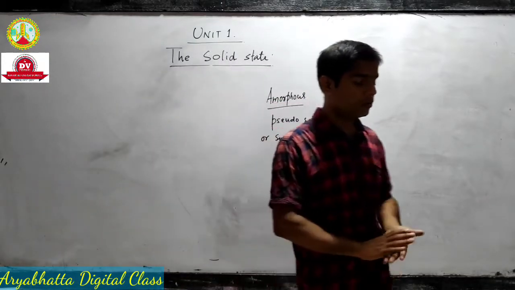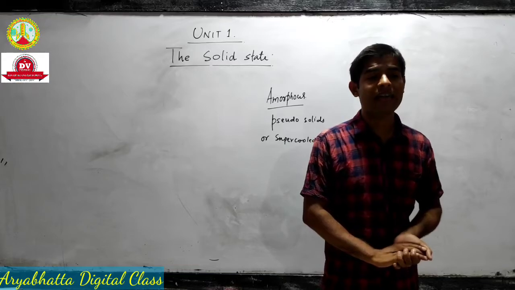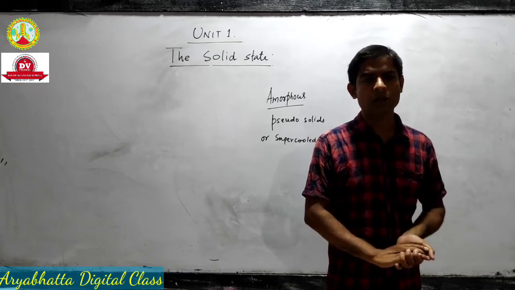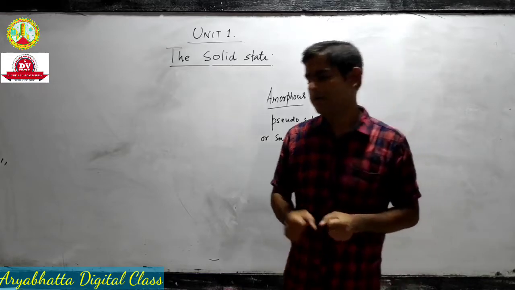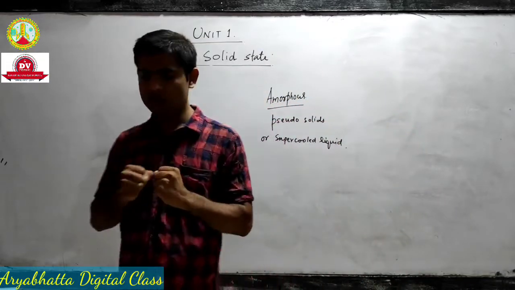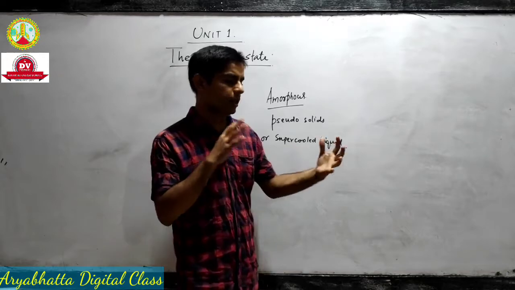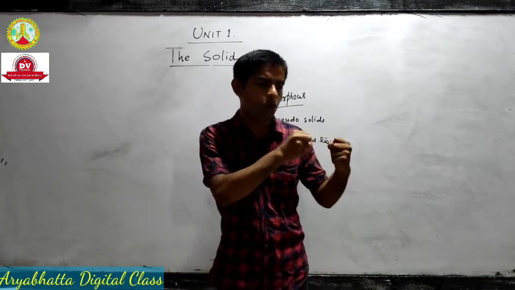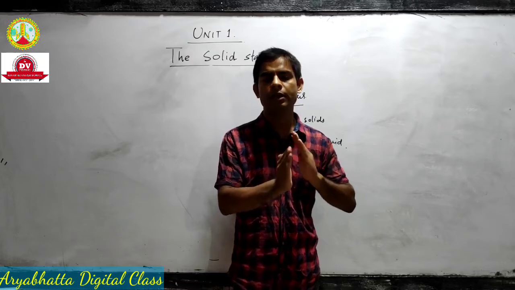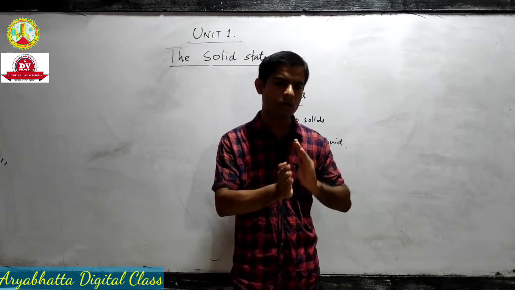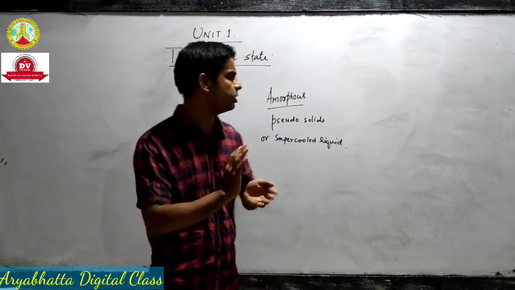This is not expected in solids. Solids must not flow, because their intermolecular interactions are so good and their arrangement is so rigid that the molecules must not move relative to each other.